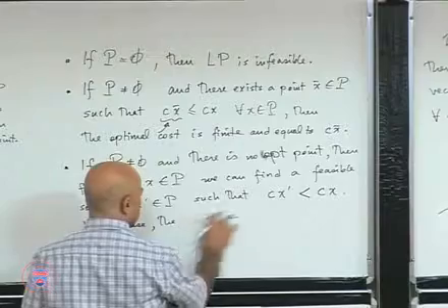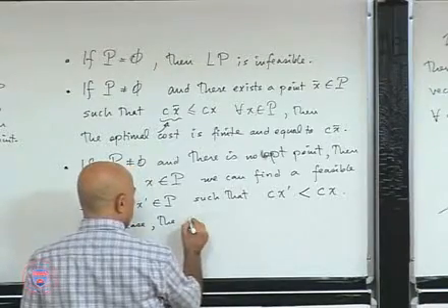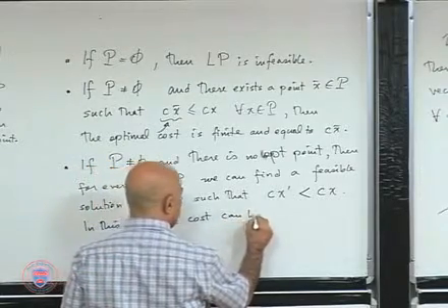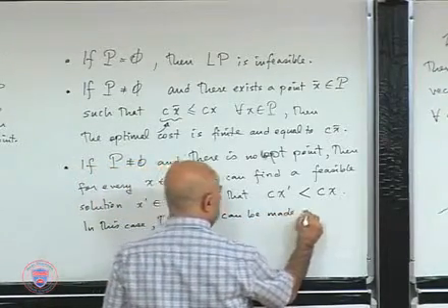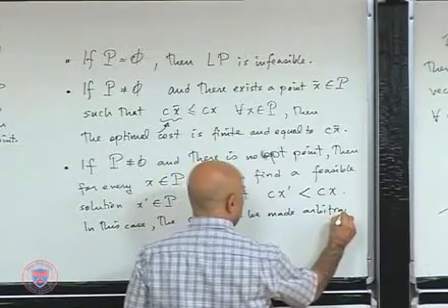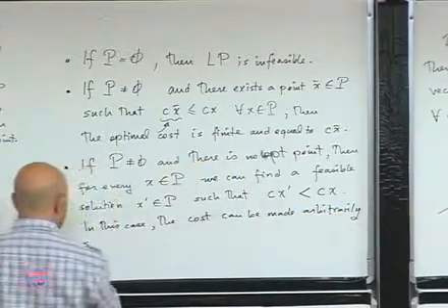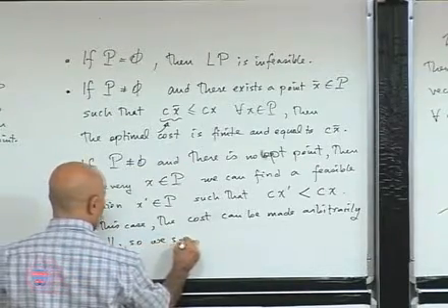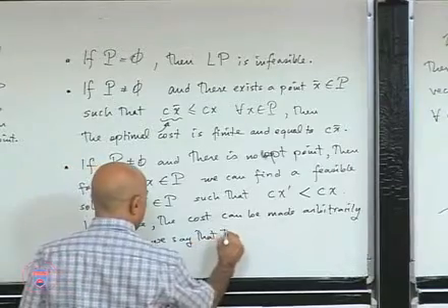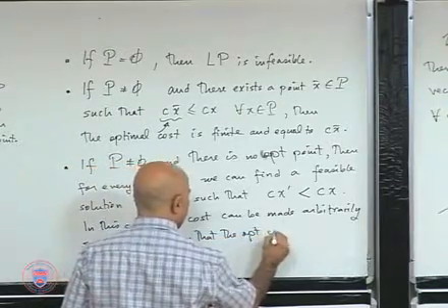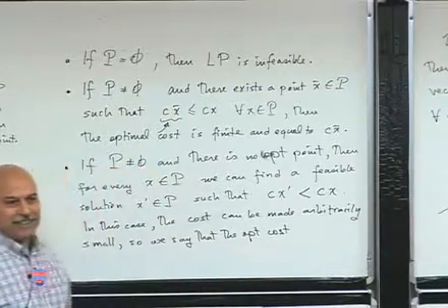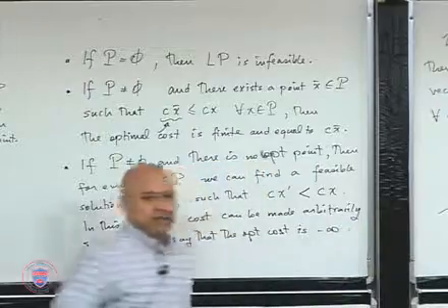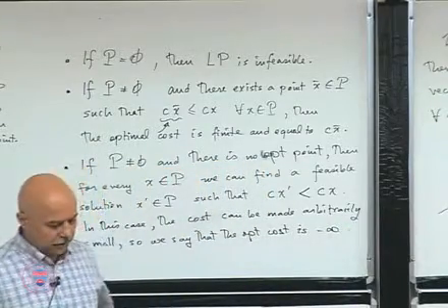Well, it's not the optimal cost, but the cost, the objective value, can be made arbitrarily small. So we say that the optimal cost, even though it doesn't exist, is minus infinity. That's just by convention. Okay?